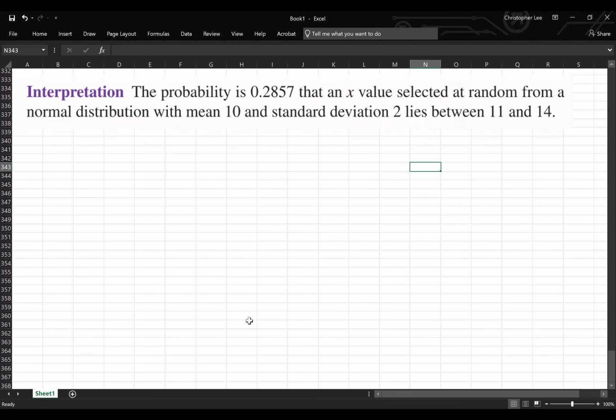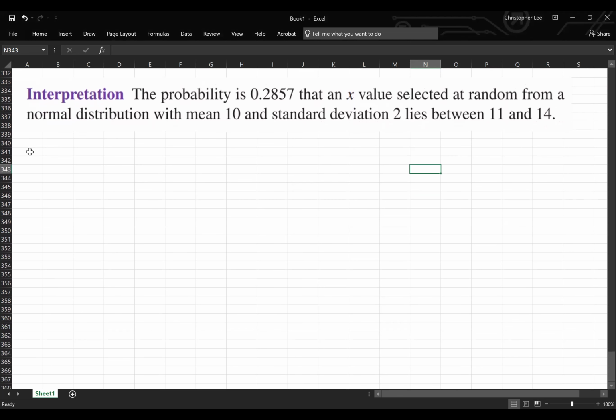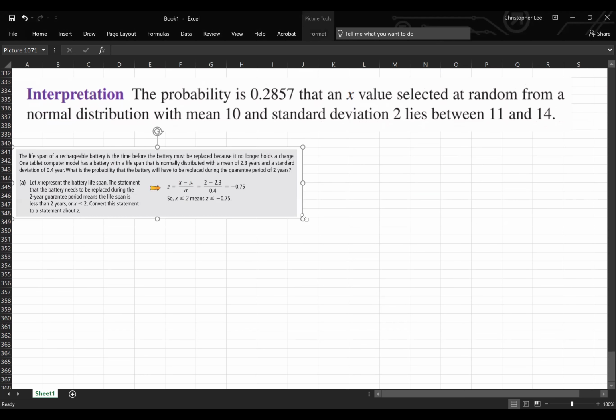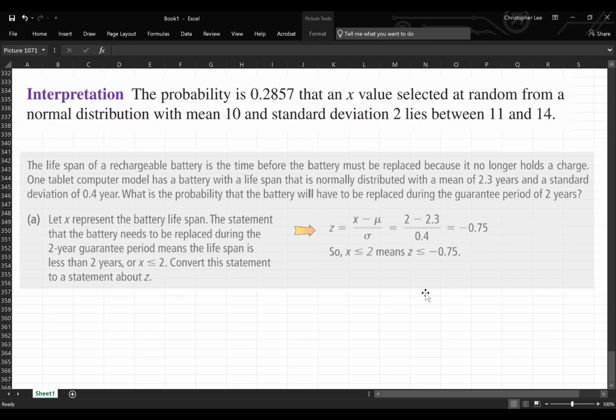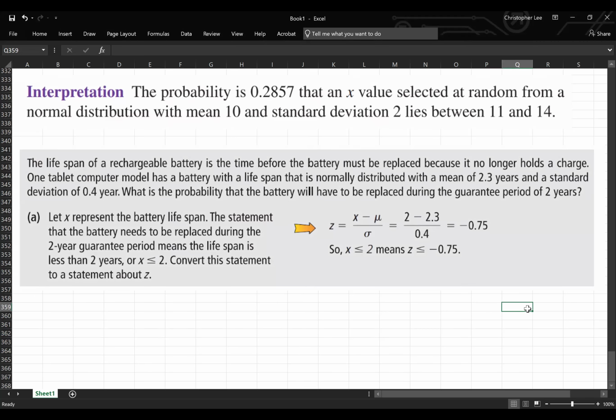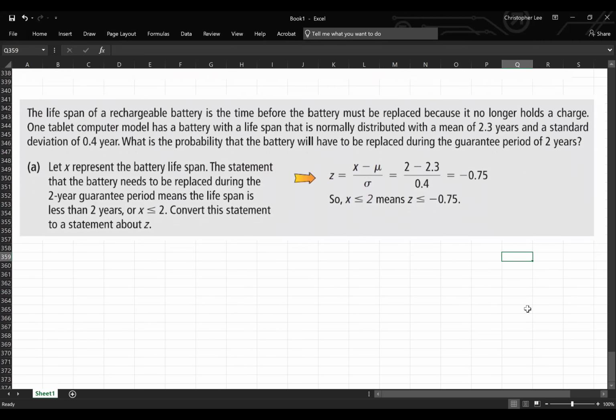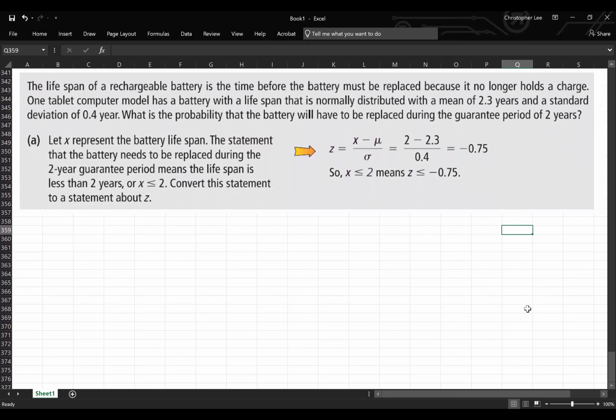So let's take it up a notch then. No, don't. No, just do the same problem. It is the same type of problem. But look. Now we got a story. It's light work, I promise.